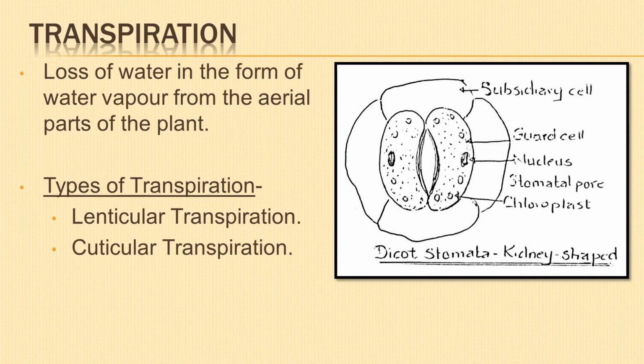Cuticular transpiration takes place through cuticle covering the epidermis of leaves. Water loss is 3 to 10% of total loss. Stomatal transpiration takes place through stomata present in the epidermis of leaves. Water loss is 90 to 97% of total loss.